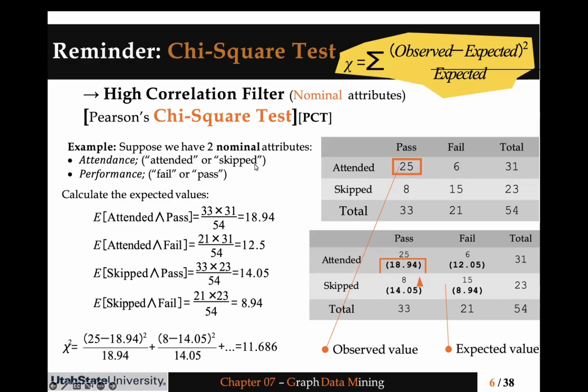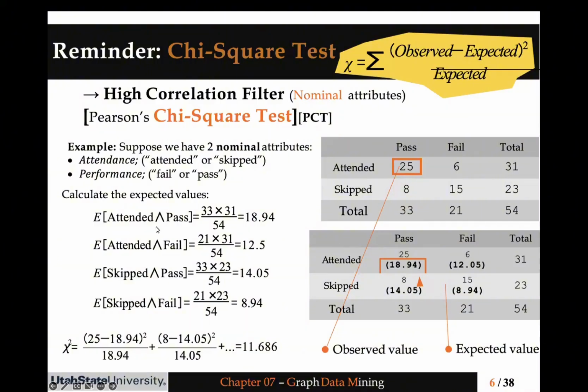For every single cell, the expected value is computed using the row total multiplied by the column total, and we divide that by the grand total of all the students that we have. So for example, for students who attended and passed, the expected count is 31, which is the total of all the attendance, times 33, which is the total count of all the passed, over 54, which is the total of all the students here.